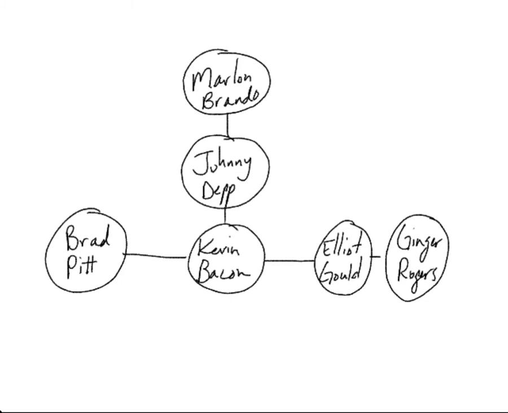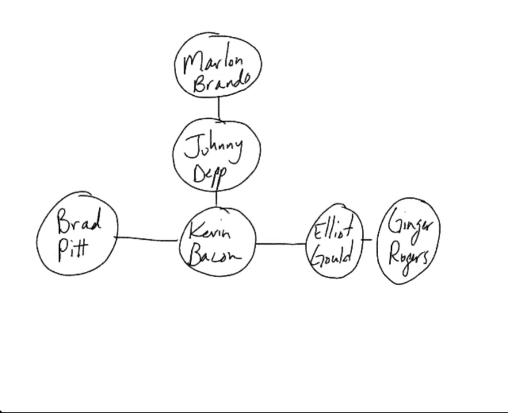It's to find, given some actor, can you link up from that actor with another actor that was in the same movie, and from that actor to another actor that was in the same movie, and was that actor in with Kevin Bacon? So, for example, we have Brad Pitt here, and Brad Pitt was in a movie with Kevin Bacon. I don't remember what it is. It was recent, and so there's an edge between those two vertices because they were in the same movie.